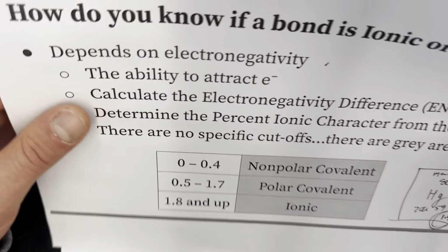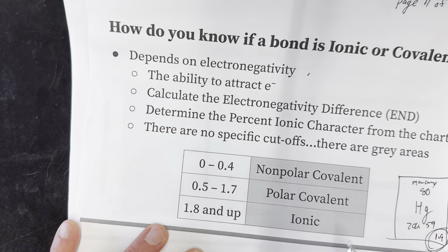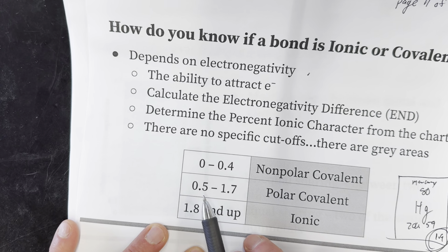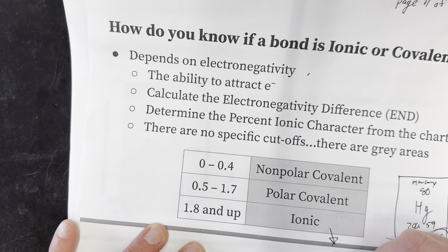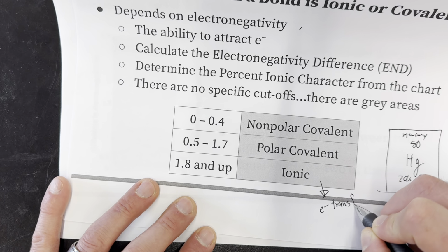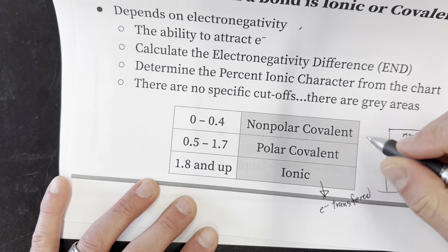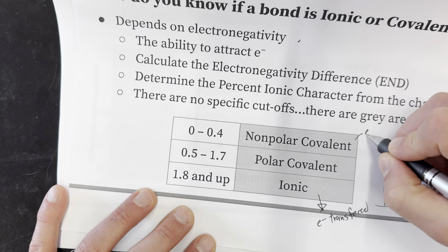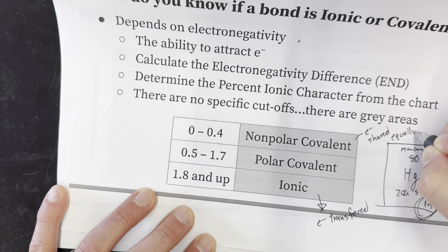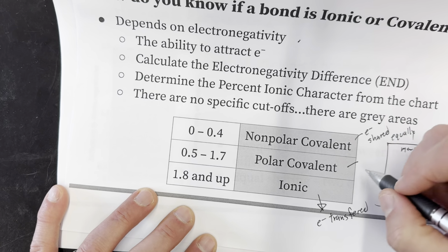So going back to these cutoffs, if the electronegativity difference is between 0 and 0.4, it's non-polar covalent. If it's between 0.5 and 1.7, it's polar covalent. And if it's 1.8 or greater, we would say it's ionic. At this point, the electron is transferred. Here, the electron is shared equally. And here, the electron is shared unequally.